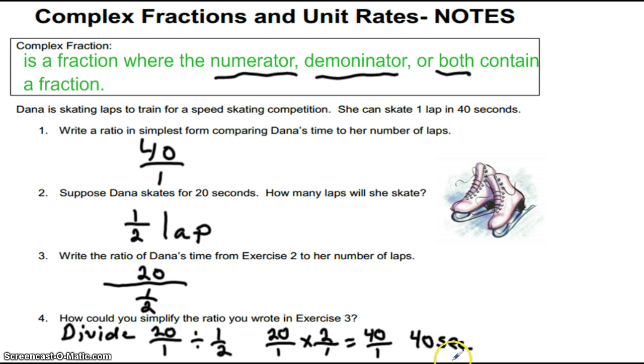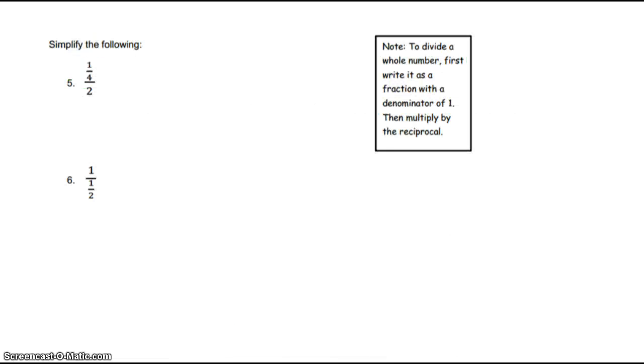Okay, we're going to continue on. Let's take a look at some more examples. We're asked to simplify 1/4 divided by 2.